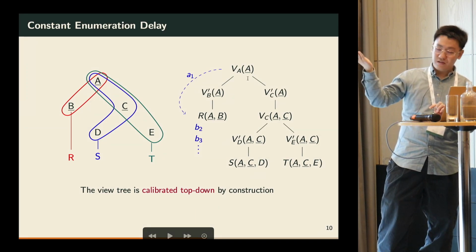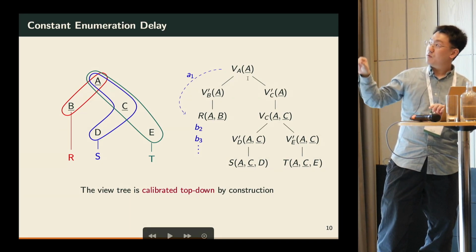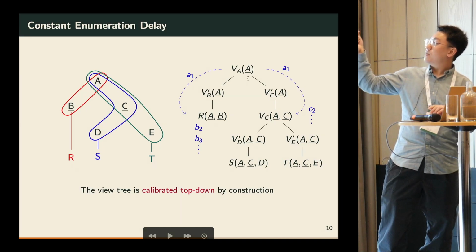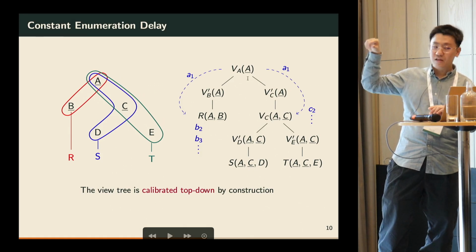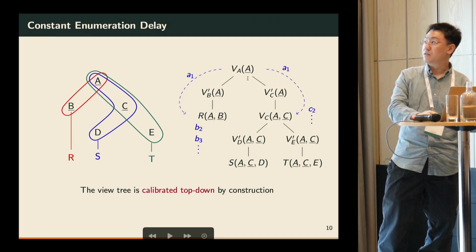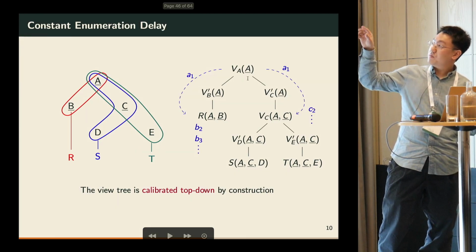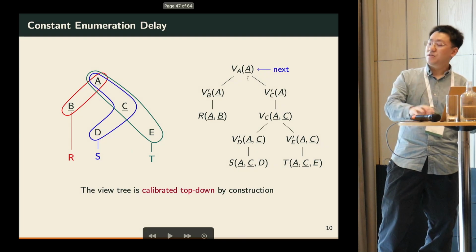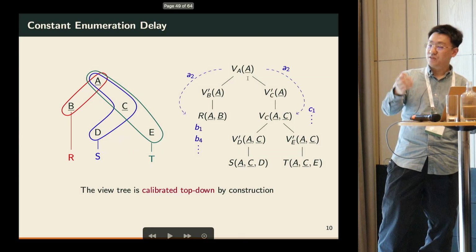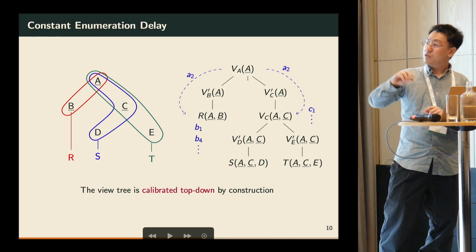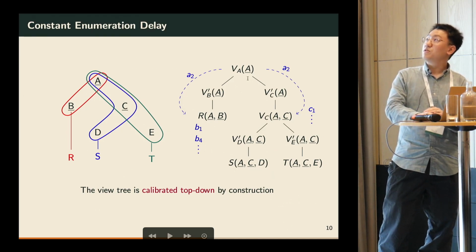We get B2, B3, those values for this given A1. And then we can get the C values paired with this A1. And we just concatenate them together to get the final result of ABC values. Once these B and C are exhausted, we move to the next A value A2, and similarly we can construct the ABC tuples. So this is how we achieve the constant enumeration delay.